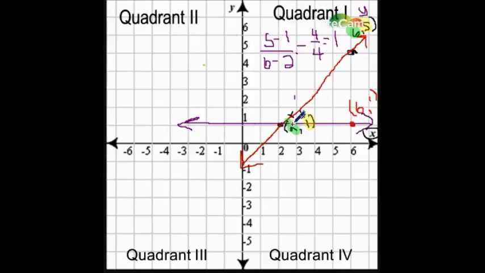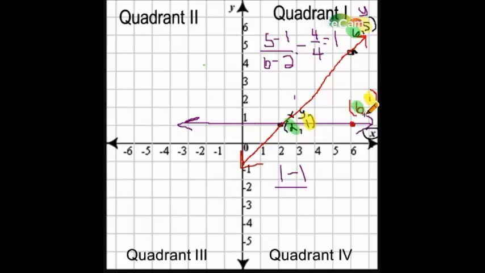Now what if I were to find the slope of this line right here? I'm going to do the same thing. I'm just going to take my y numbers and subtract them. So here I have 1, and here I have a 1. So if I subtract them, I have 1 take away 1. And then I'm going to look at my x points.